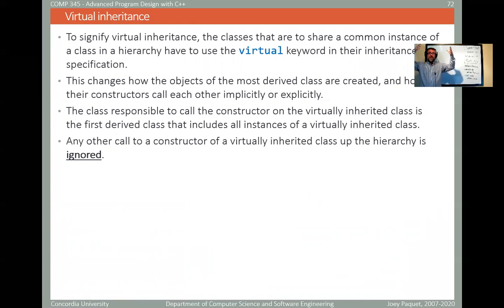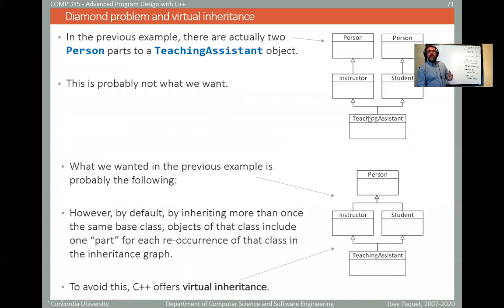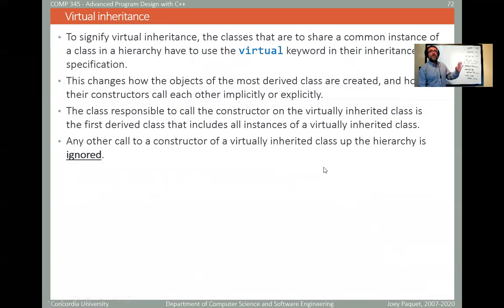Even though there are two different paths to two classes with the same name, you want to have only one part that stores a common occurrence of an object of this kind as a part of the object that you're trying to create. That's essentially what virtual inheritance is. It is a way to go from this version of your design to this version of your design. That's the only use of virtual inheritance.